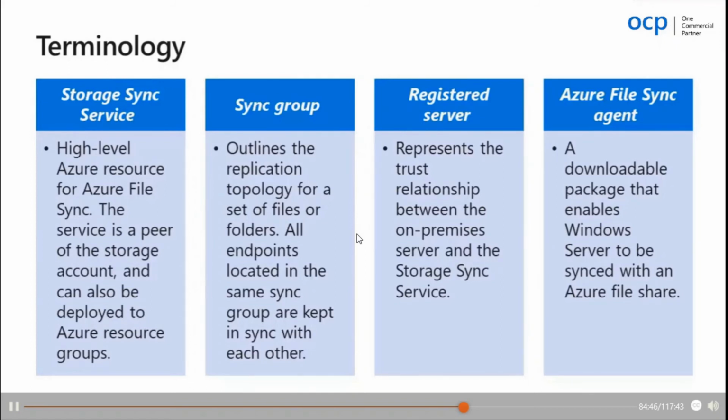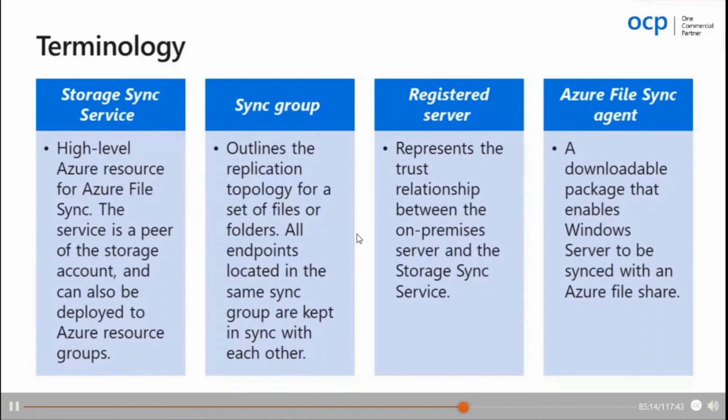And I have a registered server that represents the trust relationship you have to have between an on-prem server and the storage sync service. And then you have the Azure File Sync agent, which is the download package that I have to install, which will do the registration of the server and establish the relationship.